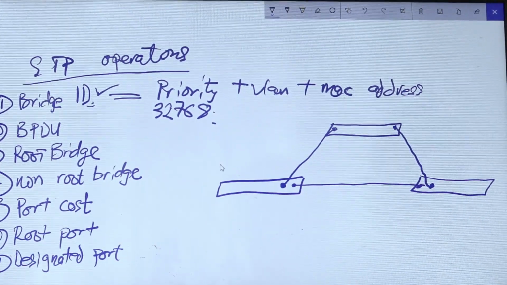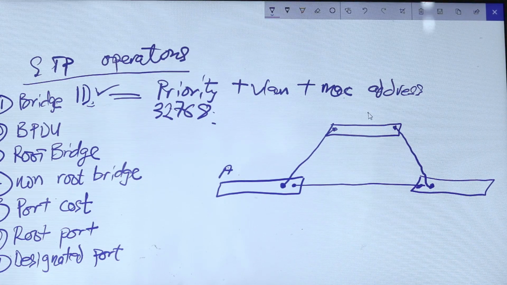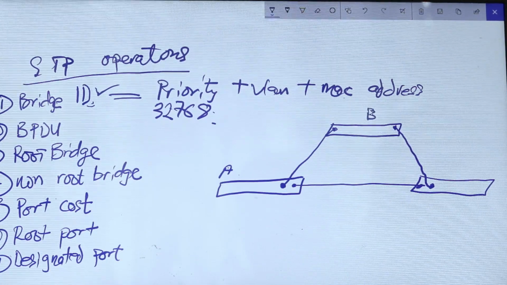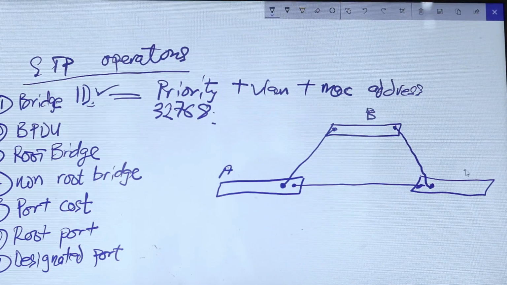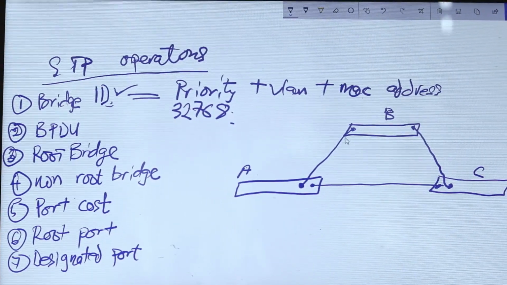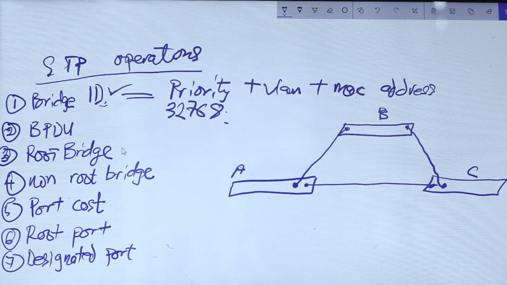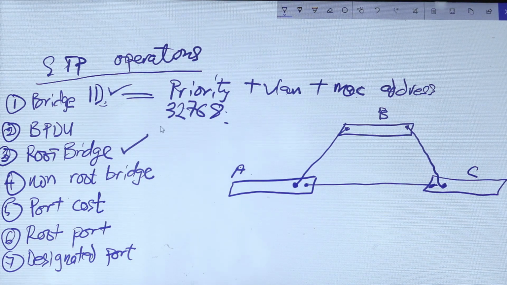Let me call this switch A, switch B, and switch C. Once the switches come on board this way, the first election they do is the root bridge election. Out of these 3 switches, one will be elected as the root bridge.